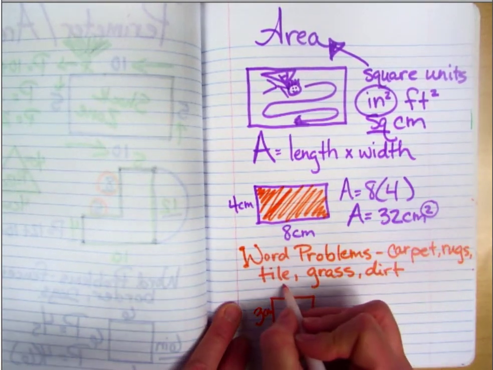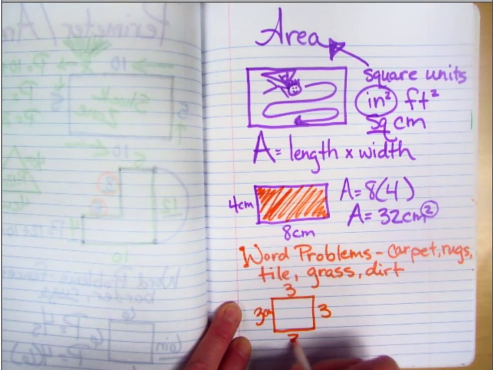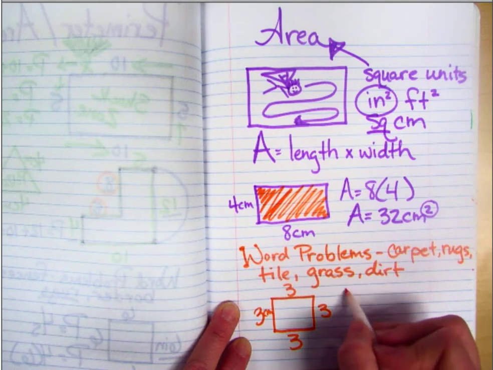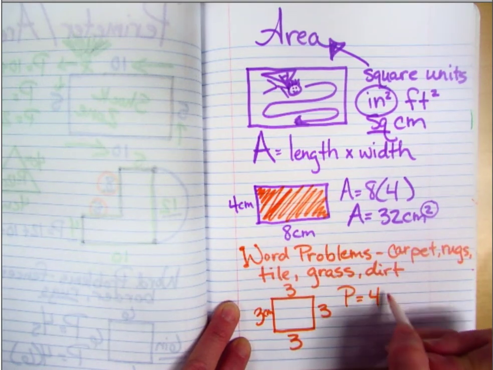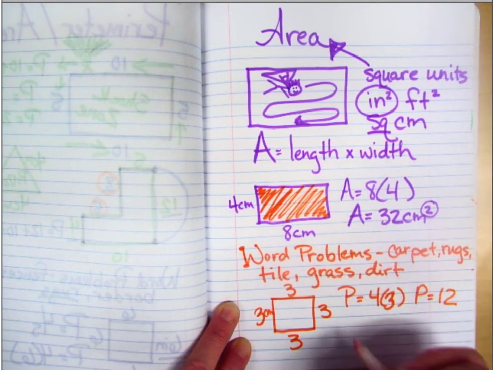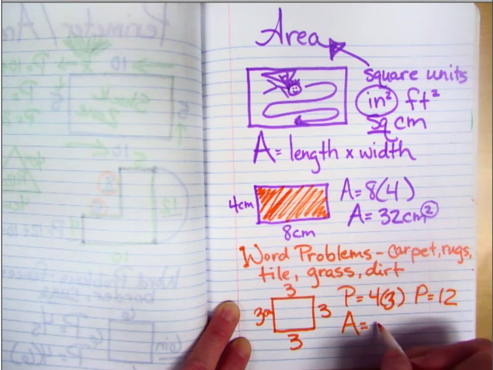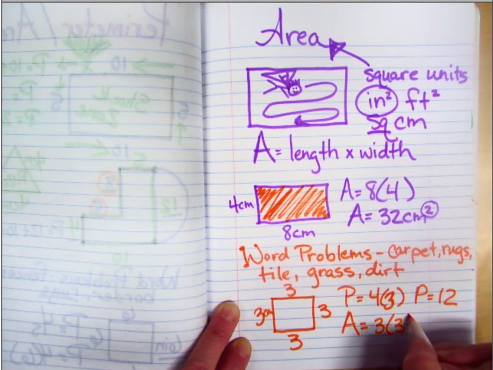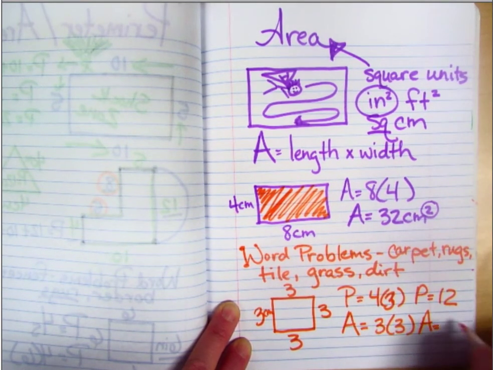So be really careful. If you're counting perimeter, you're adding up all these 3's. So the perimeter would be 4 times 3, which would be 12, but your area is actually going to be 3 times 3, which is 9.